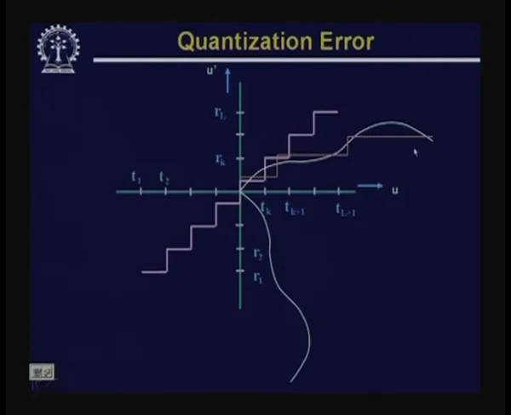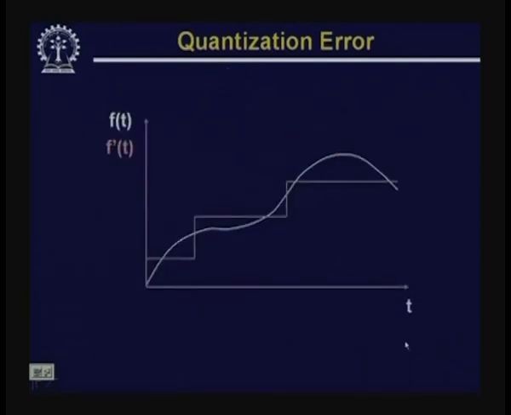So, to have a clear figure, you find that the green curve shows the original input signal, and this red staircase function shows the quantized signal, f hat or f prime t.